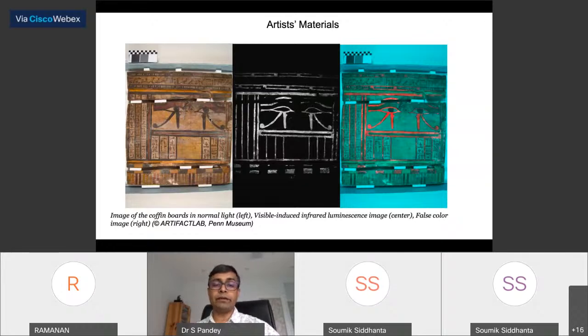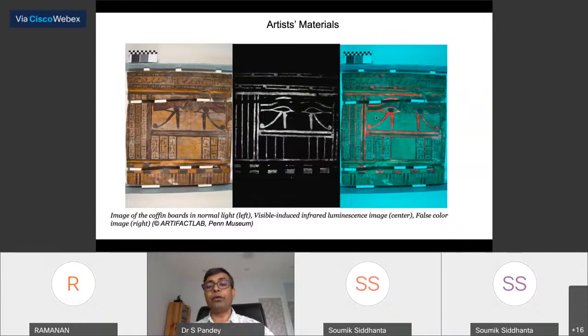Only blue pigment, the Egyptian blue, has the property to fluoresce in visible induced infrared luminescence, and therefore all the blue pigments appear in induced IR luminescence.